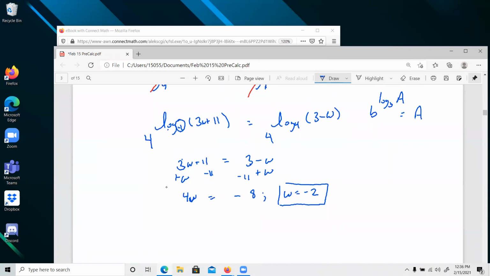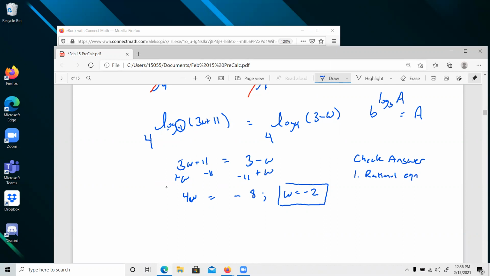But wait, you're not done yet. There used to be two equations that you'd have to check your answers for. One of them was a rational equation, when you had a fraction.